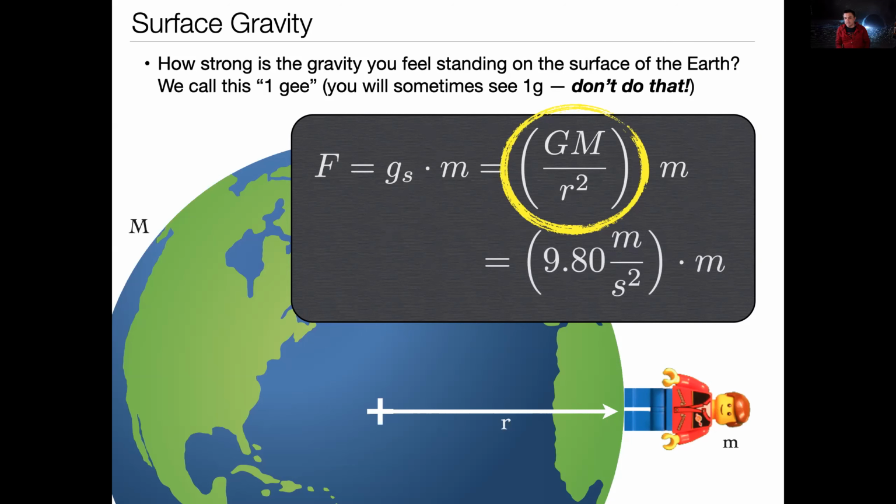And the surface gravity of the Earth comes out to be 9.80 meters per second squared. Now, some of you will recognize that. If you've had physics before, you were taught that that number is called the acceleration due to gravity. It is the acceleration due to gravity on the Earth, not on every world. So this is actually what we call the surface gravity of the Earth, okay?